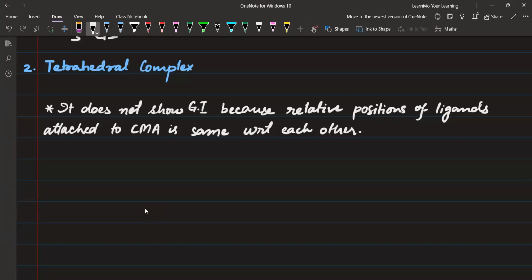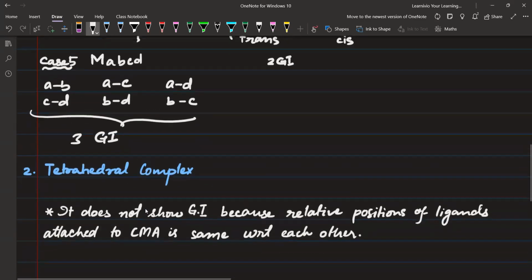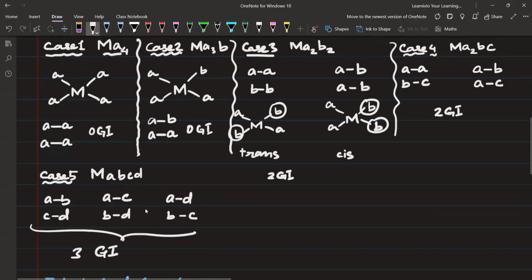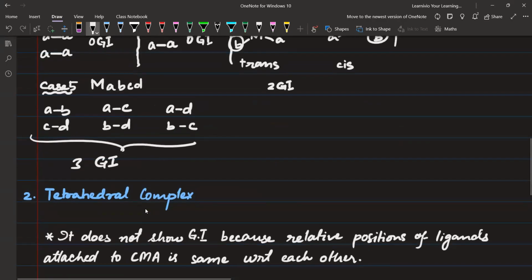Okay, why did we have geometrical isomerism in the square planar but not in tetrahedral? What is the reason? So look carefully.